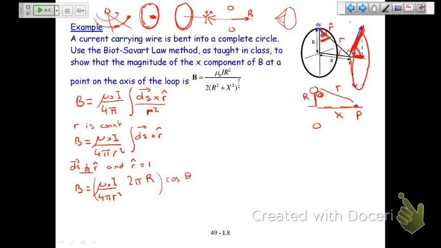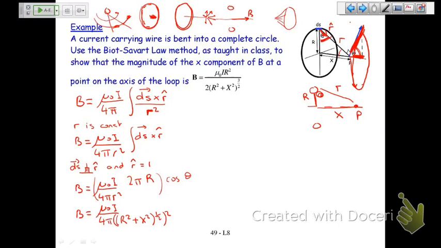So then I just simply say, well, B is equal to mu naught I over 4 pi, times r squared. That's going to be big R squared plus x squared to the half, squared.